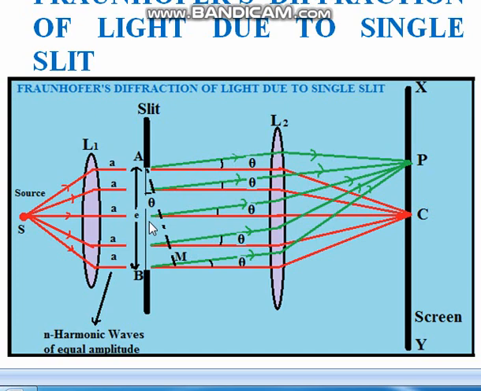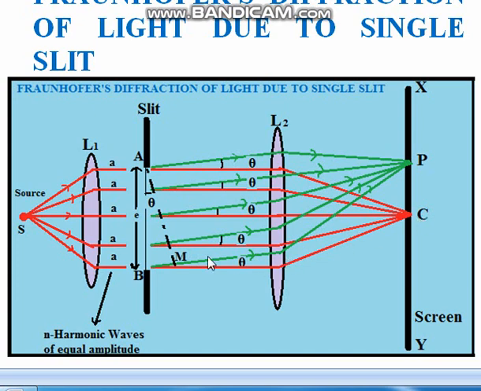These secondary wavelets emerge towards the screen on this side and get superimposed, and due to the superposition there is an intensity distribution on the screen, or you can say there is a diffraction pattern on the screen, which is the bending of the light.